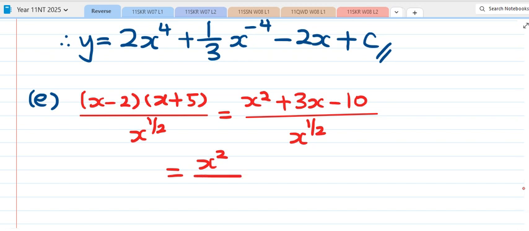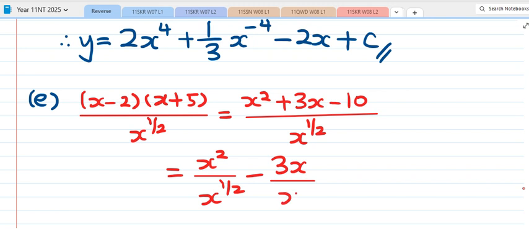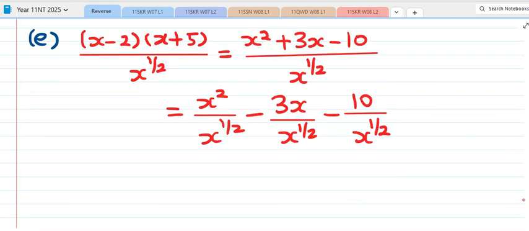So the 3 fractions are x power 2 over x to the power of half plus 3x over x to the power of half, and then minus 10 over x to the power of half. This is basic fraction knowledge.